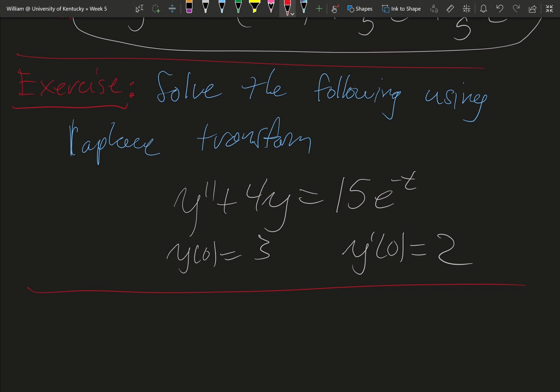All right, and you should have gotten, by the end, after you do your partial fraction decomposition, for capital Y, 3 over s plus 1 plus 5 over s squared plus 4.